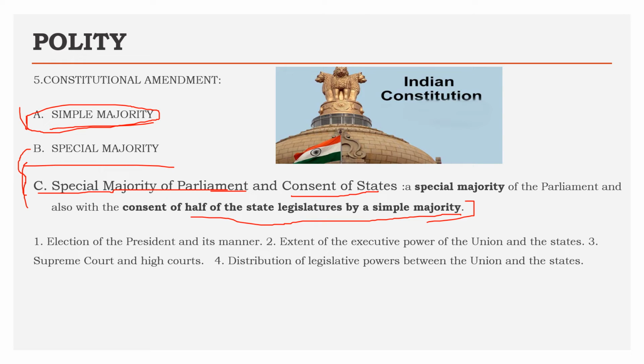For example, election of the president and its manner, extension of the executive power of the union and the states, Supreme Court and High Courts, distribution of legislative powers between the union and states. These are the cases where you use special majority of parliament and consent of states.